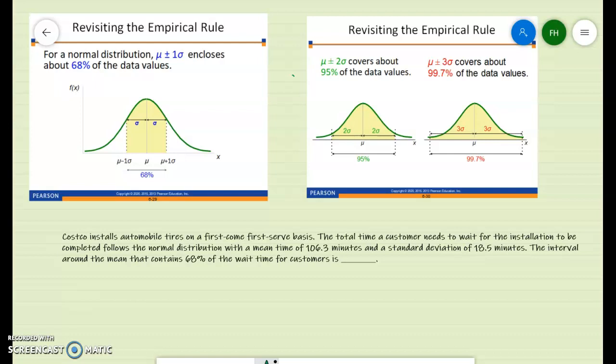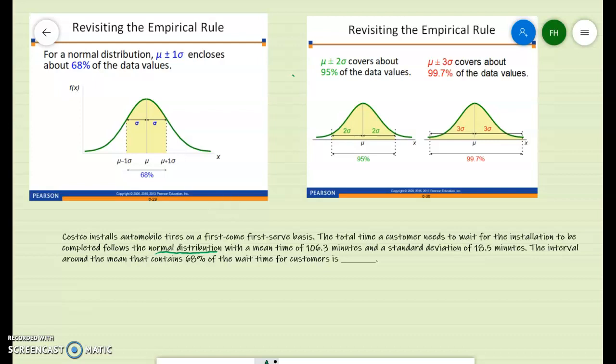So that tells us that if it's a normal distribution, we can use the empirical rule if we need to. The mean time is 106.3 minutes and the standard deviation is 18.5 minutes. We want to know the interval around the mean that contains 68% of the wait time for the customers. So let's look at the empirical rule and figure out how to write this interval.